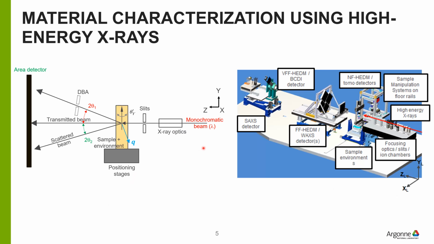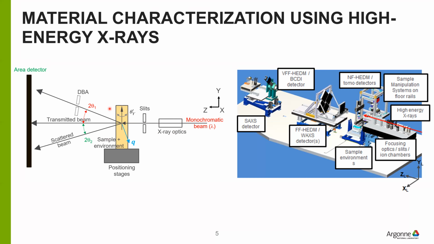So before I go further with some description of different techniques, I will just introduce a common coordinate system that we use throughout the talk. We basically have a monochromatic X-ray beam coming in. We have slits and X-ray optics that are often used to condition the beam to the size that we want.